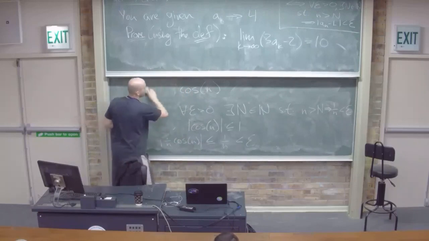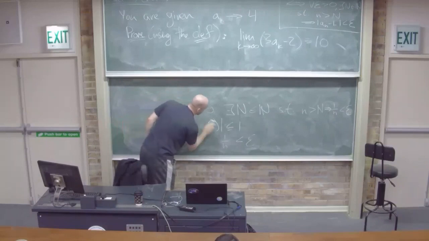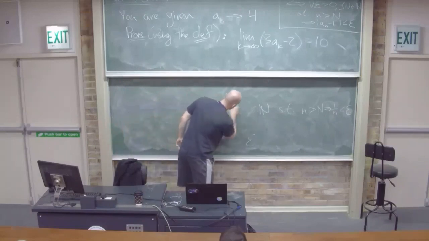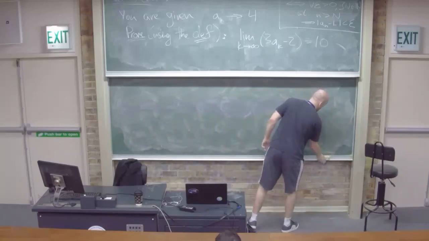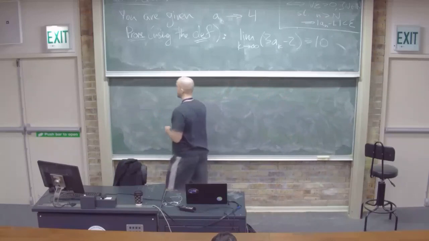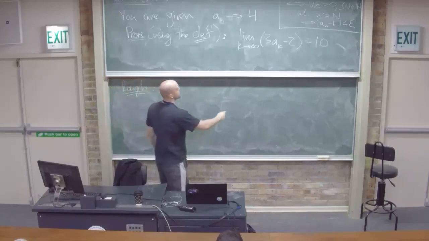Okay, so this is an example where the limit's not 0, although we do know what the limit is. So we can, again, follow our strategy. So this is our rough work. And we just need to look at this thing.